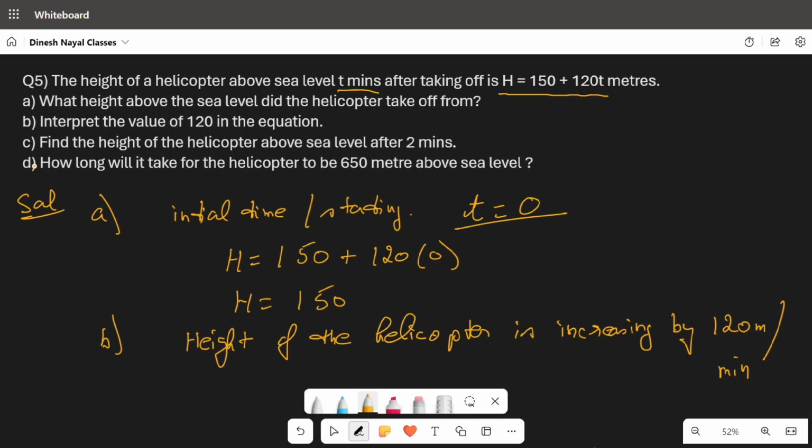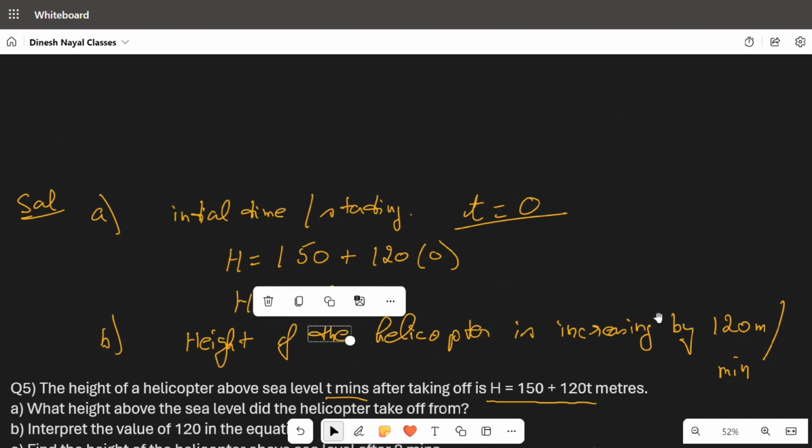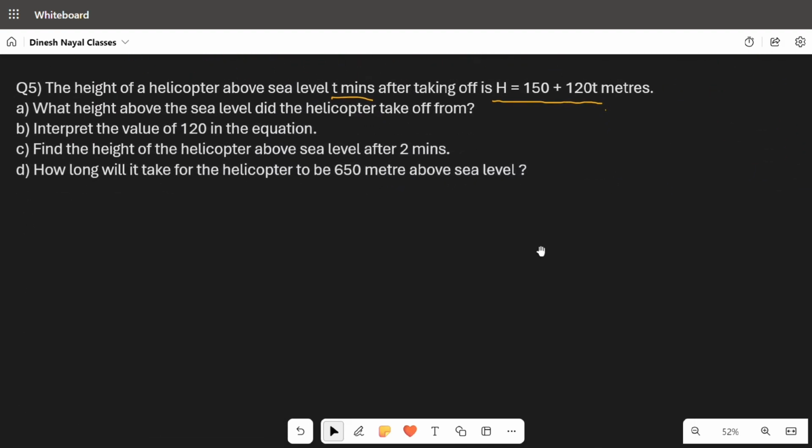Now C part. Find the height of the helicopter above sea level after 2 minutes. Okay, so now we have to find, just take this down so we can see the question properly. So C part is, find the height of the helicopter above sea level after 2 minutes.